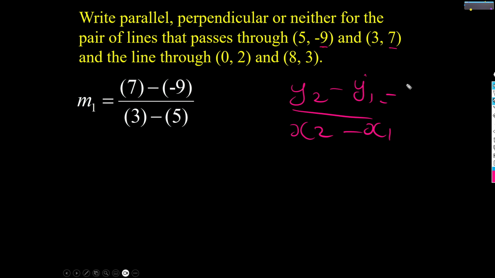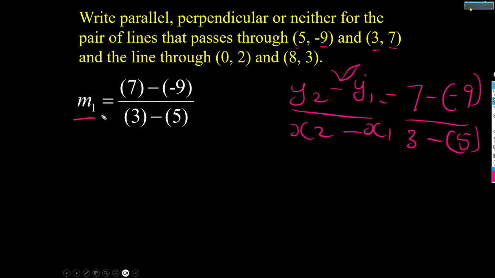So this will be 7 minus -9, all over 3 minus 5. This will be our equation for m1, or line 1, we can call it, right?